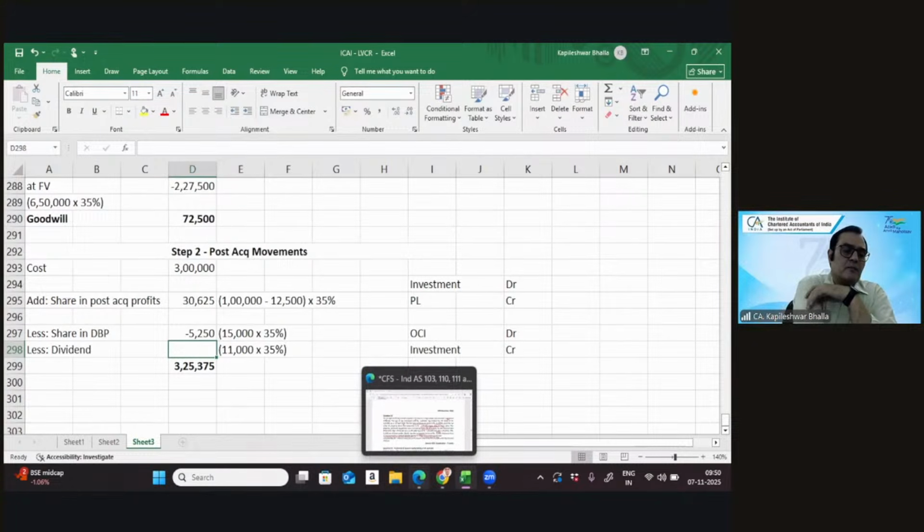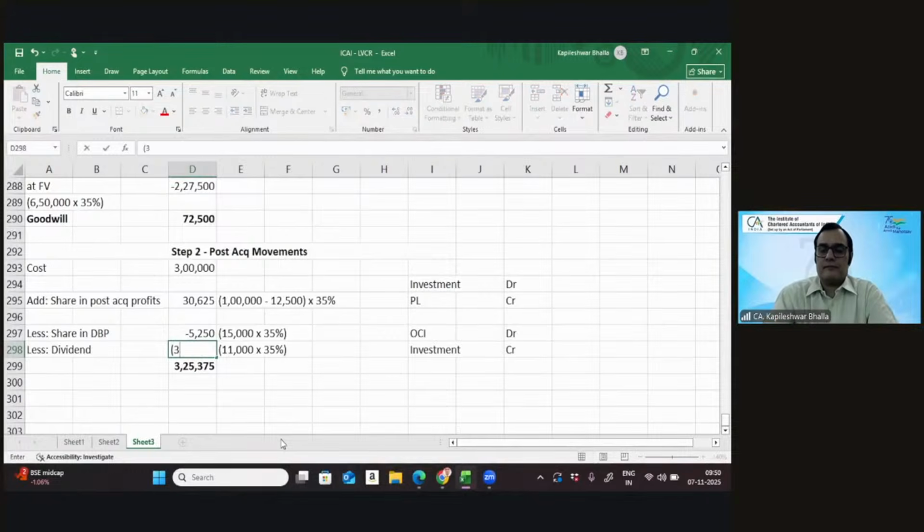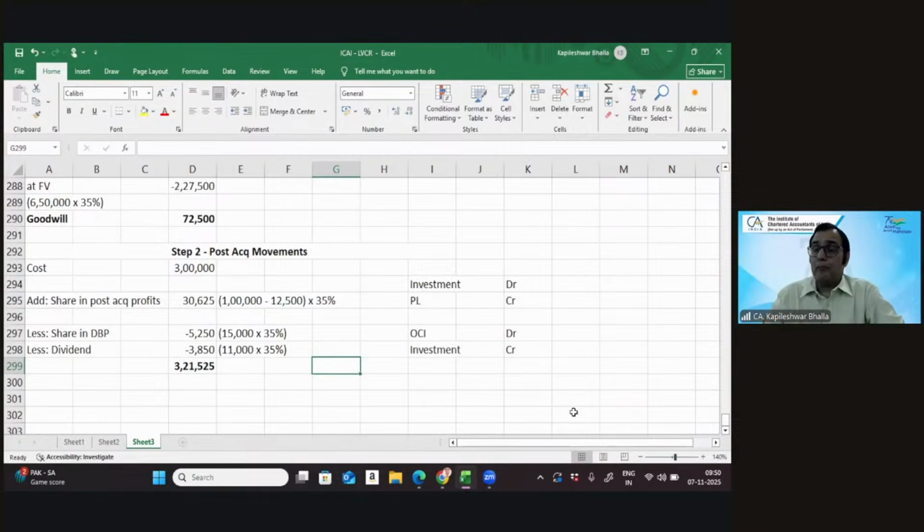So 35% would mean 3,850. Wonderful indeed. So this is done. For dividend also, we can see the entry is going to be bank debit, investment credit. That is the concept as far as the equity method is concerned.